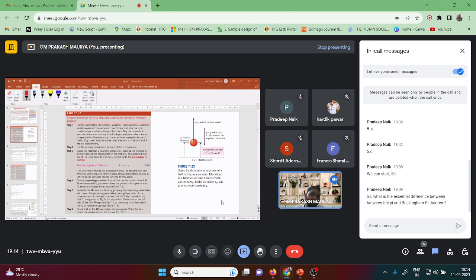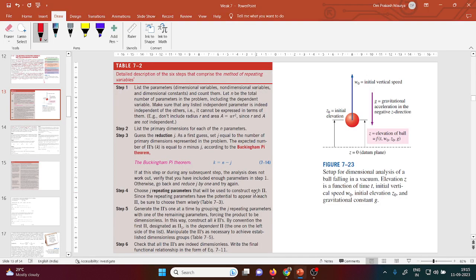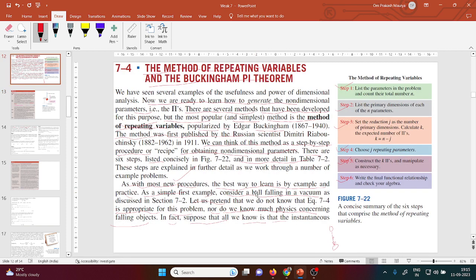Why are we using pi? We could use something else, no problem. We just use pi to represent the independent or dependent variables, but the concept should be the same. So the pi theorem is the same as the Buckingham theorem. Yes, same.